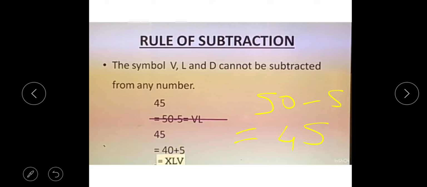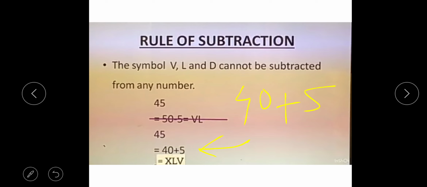But how did we write this? 50 means L, 5 means V, but this is not right because the symbols V, L and D can't be subtracted. So we have to write this in another way. We write it as 40 plus 5. Look, 40 plus 5. If we write it like this, then we get the number 45.